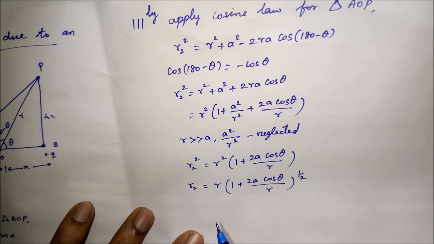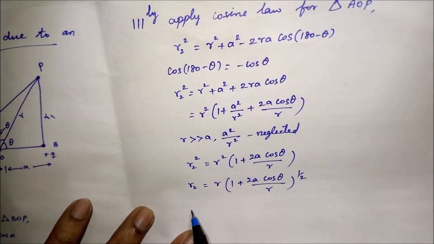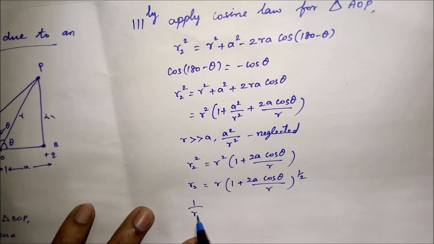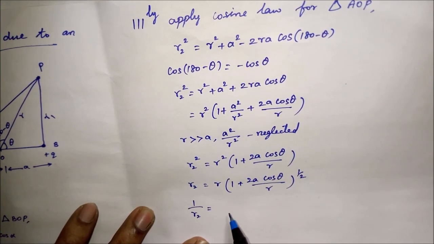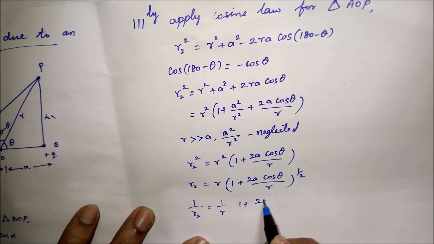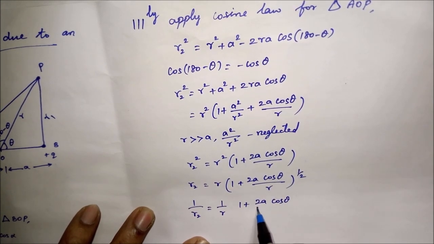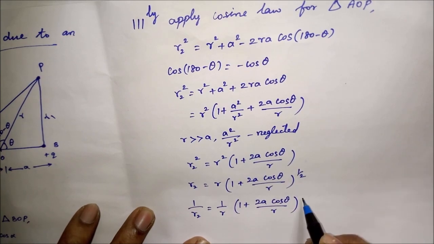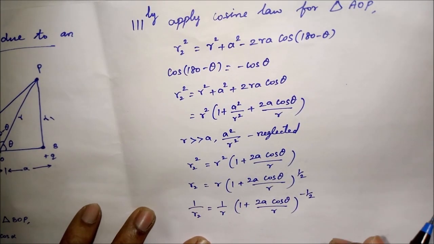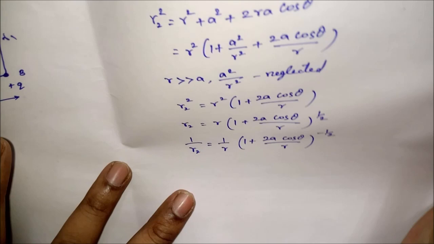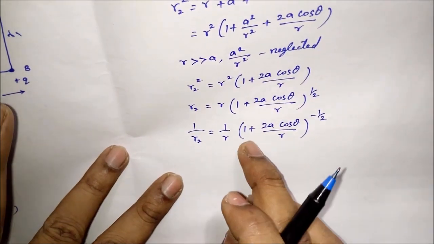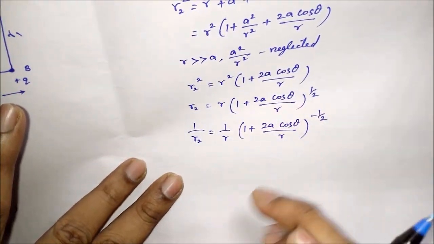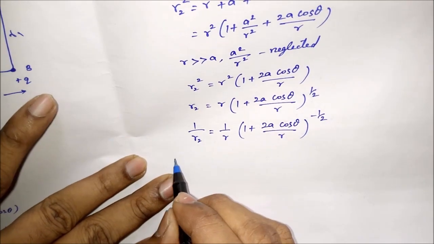Now we need to calculate 1 divided by r2, so we take the reciprocal. 1 divided by r2 is equal to 1 divided by r, times (1 plus 2a cos theta divided by r) to the power minus 1 by 2. Now for this term alone we have to use the binomial theorem.